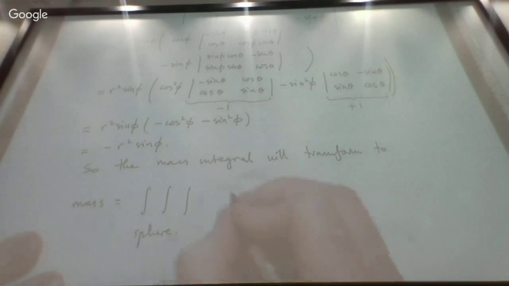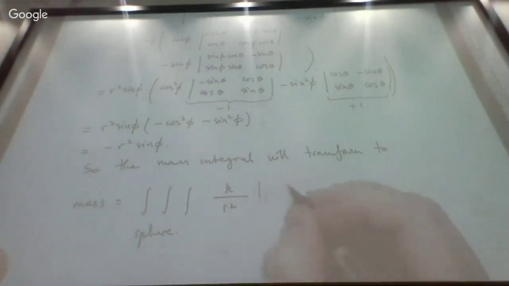And the density now becomes k over r squared, transforming that into the polar coordinates. So remember, the density was k over x squared plus y squared plus z squared. So x squared plus y squared plus z squared is the square of the radius. And then we take the absolute value of the Jacobian, which is minus r squared sine phi.